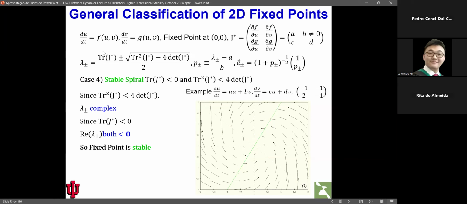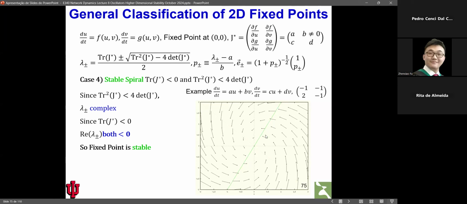And the real part is this one. So if the trace of J is less than 0, then the real part is less than 0, and the magnitude of the perturbation from the fixed point is going to 0 as time goes to infinity.